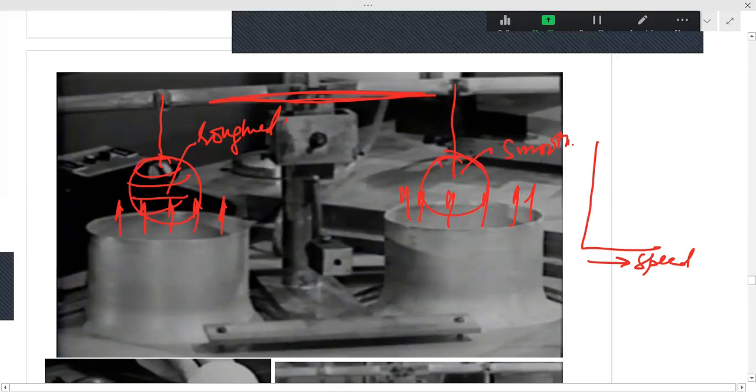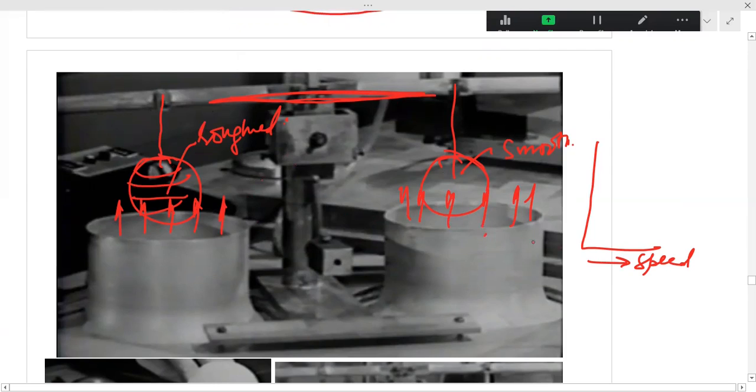This is the roughened ball of the same diameter. Both are at the same height initially when the air is not there. I simply switch on the wind tunnel so that air starts blowing and I have some speed. What do you think? In which case will drag force be higher? Smooth ball or roughened ball at low speeds?